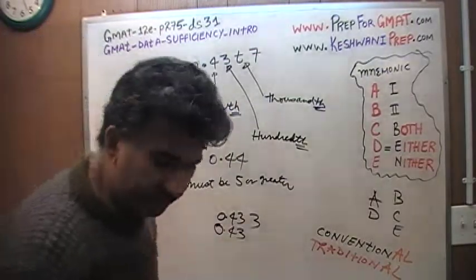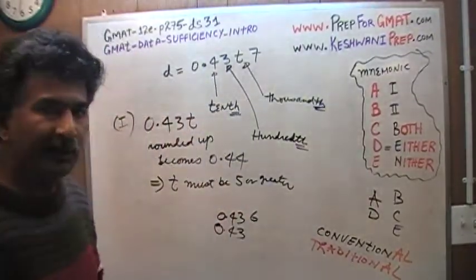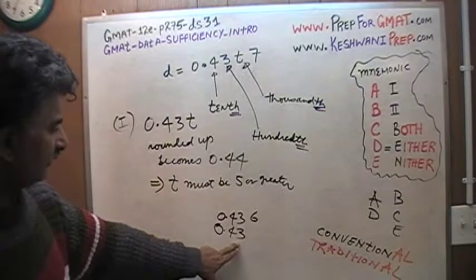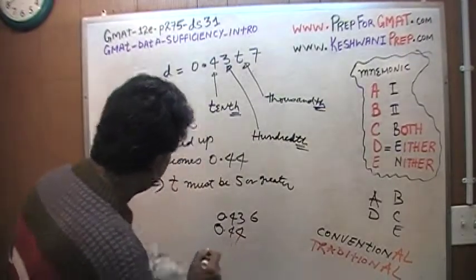But instead of 3, had it been 6, 0.436 would become 0.44. And that's what they're telling us here.